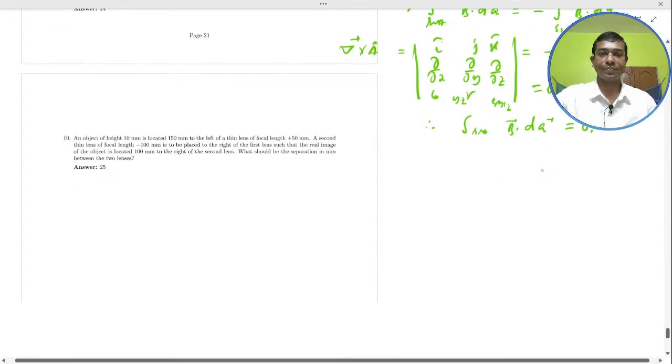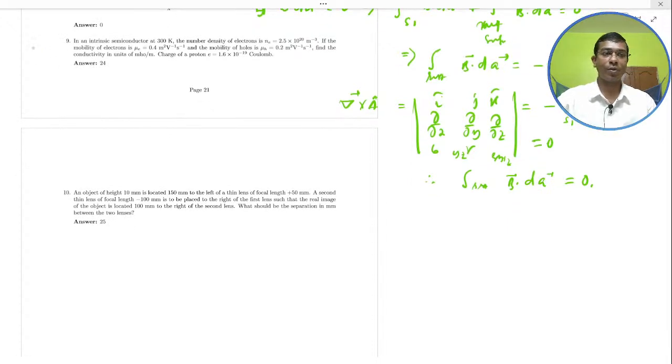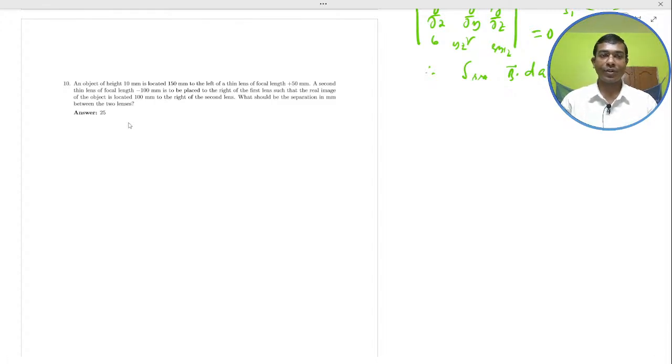Next, two questions. Question number 9 is for homework. This is for homework number 4. And the last question, question number 10. An object of height 10 millimeter is located 150 millimeter to the left of a thin lens of focal length 50 millimeter.